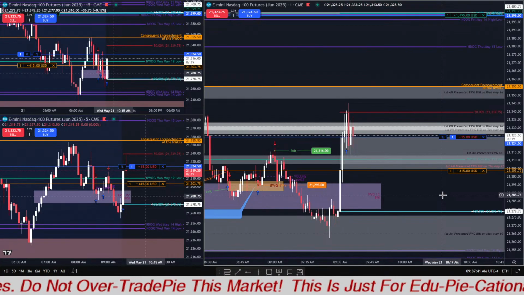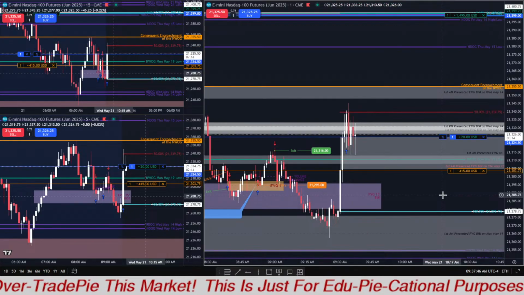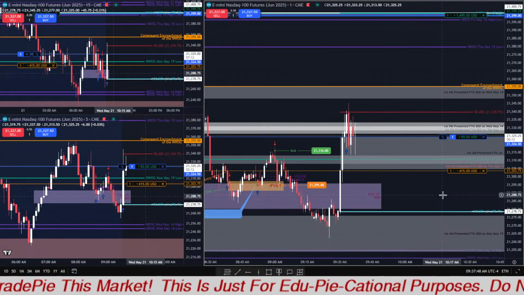Once again, we tapped into the consequent encouragement, and the market is gyrating a little in a consolidation phase now.